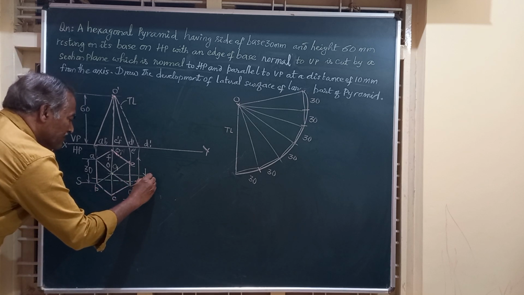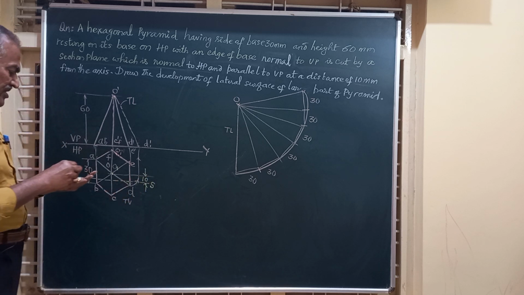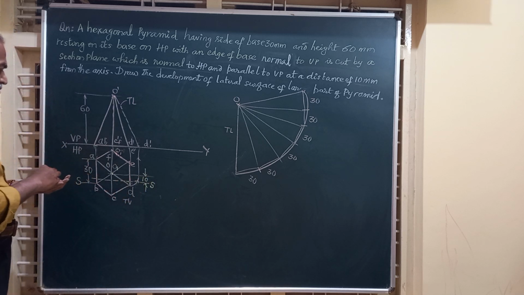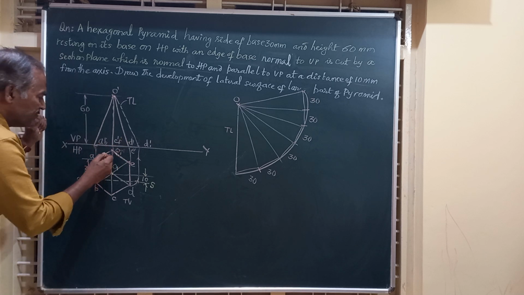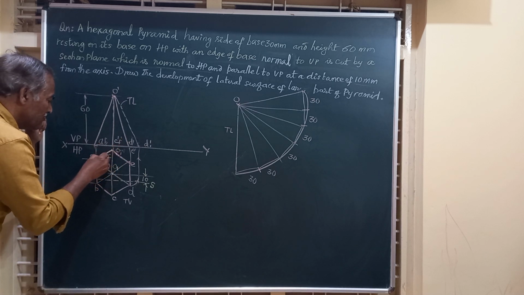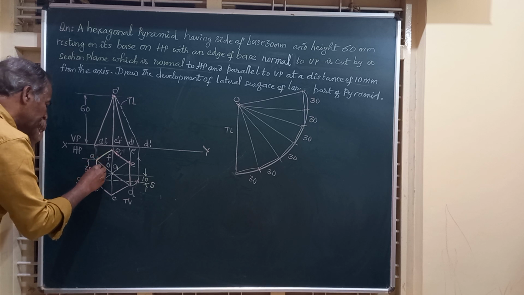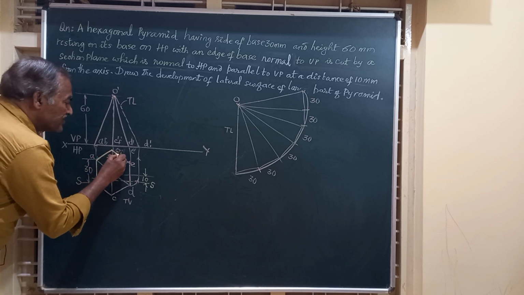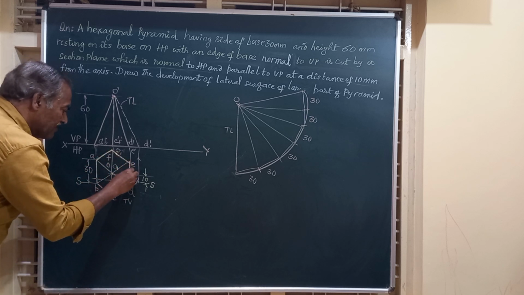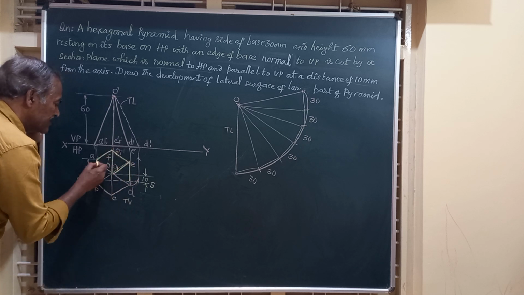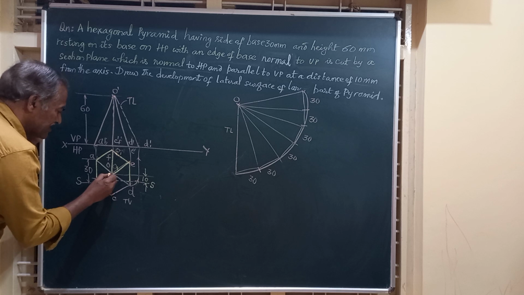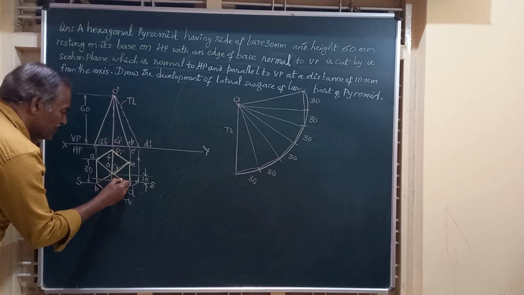Once you have this drawn, let us see what portion is left for the development of the solid. This is the portion that is retained for drawing the development. I will show all those lines by visible lines up to here.